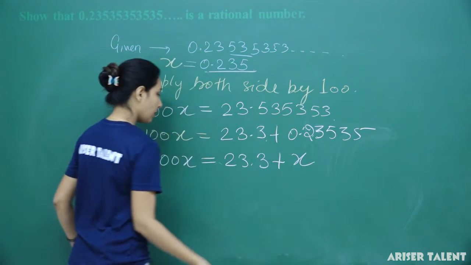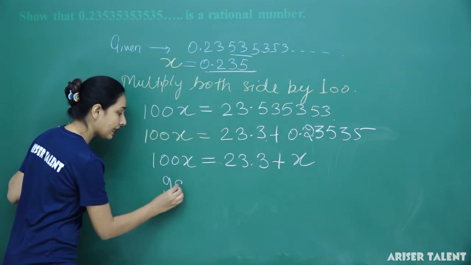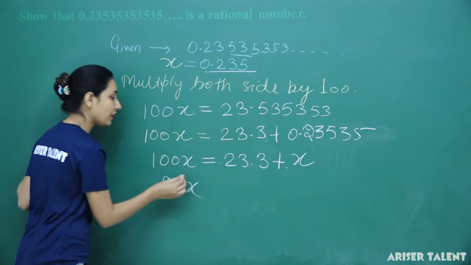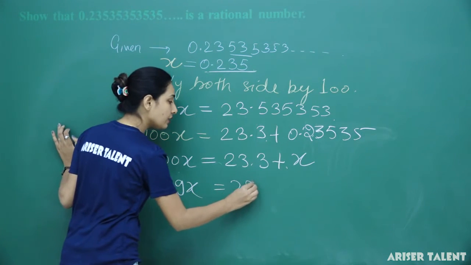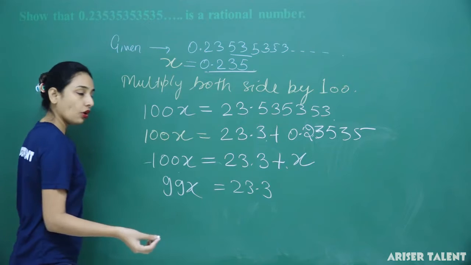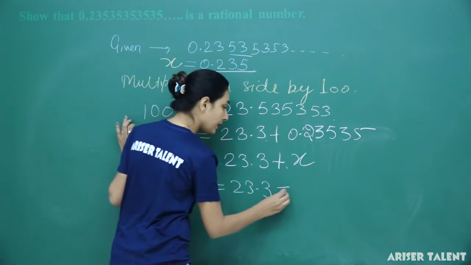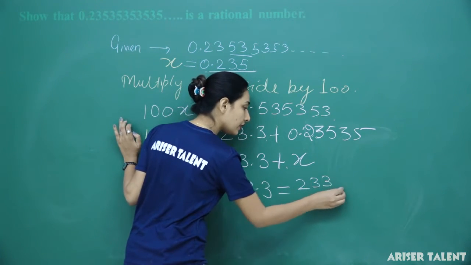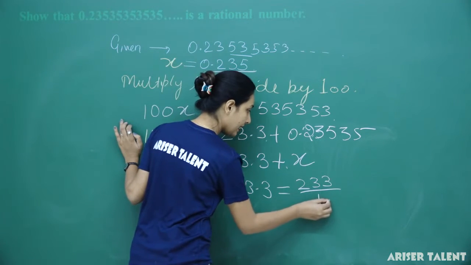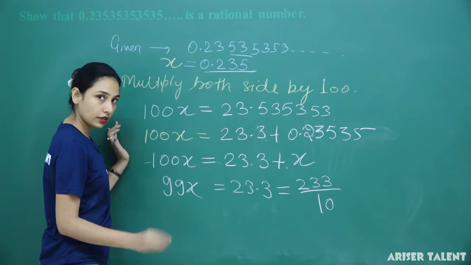Now that will make 99x, because x will transpose here, equals to 23.3, or else what you can say that will be 233 by 10, isn't it, right?